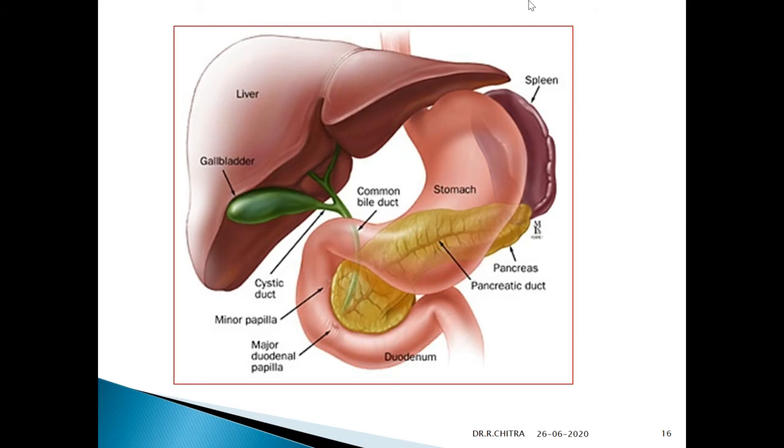So in this you can see the surfaces of the pancreas. So this is the surface, what we are telling, anterosuperior or anterior surface. So that is that surface related to the stomach bed, it is behind the stomach. So it is related to the postero-inferior surface of the stomach, forming the stomach bed. This is the inferior surface.